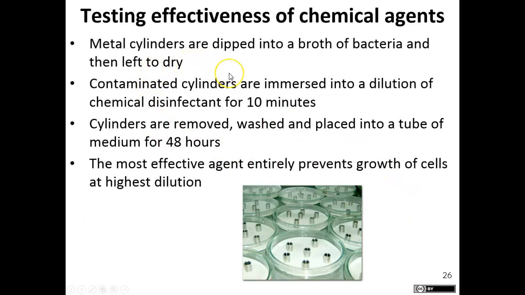So we have different tests we can use. For the metal cylinder test, you're going to take these cylinders and dip them into a broth that has bacteria. You leave them in the broth, then you take them out and let them dry. Once they are dry, you then dip them into some dilution of a chemical disinfectant for 10 minutes.